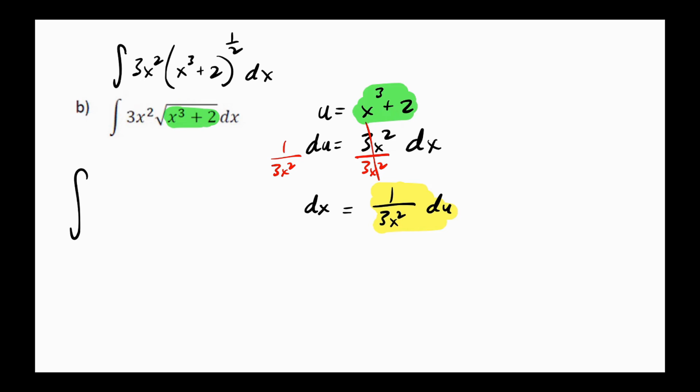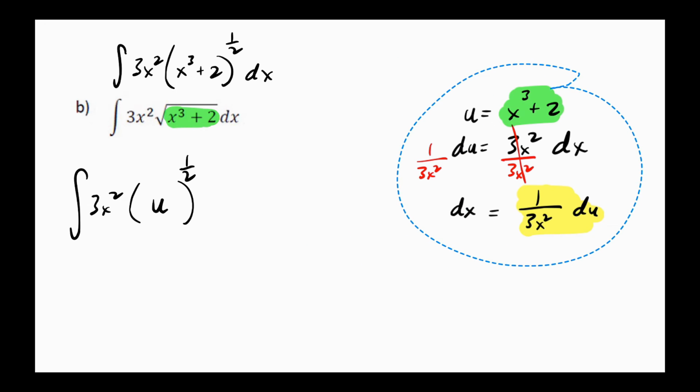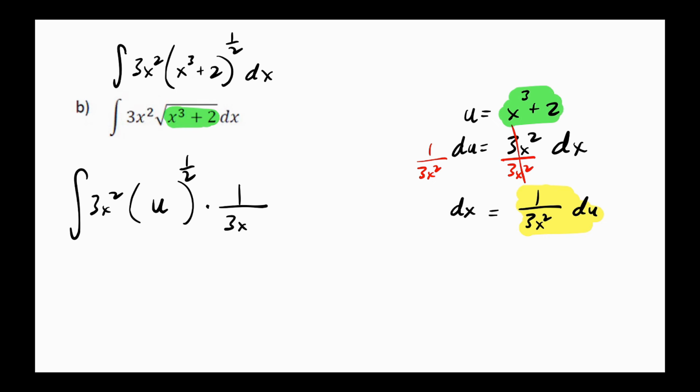So it's going to be the integral, 3x squared. Instead of x cubed plus 2, I'm going to put u now to the 1/2. And then instead of dx, I'm going to put 1 over 3x squared du.